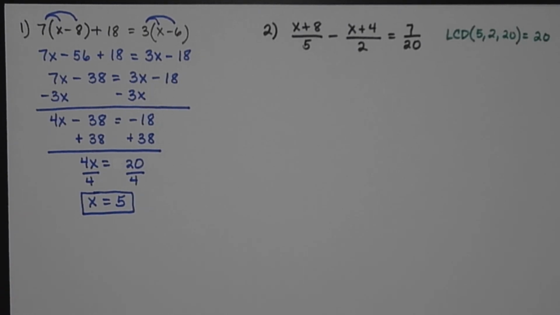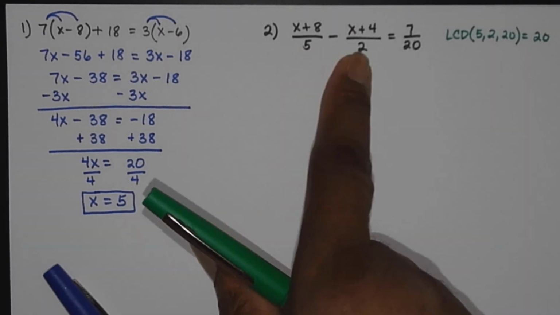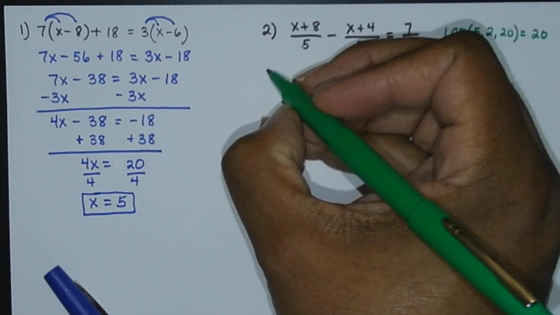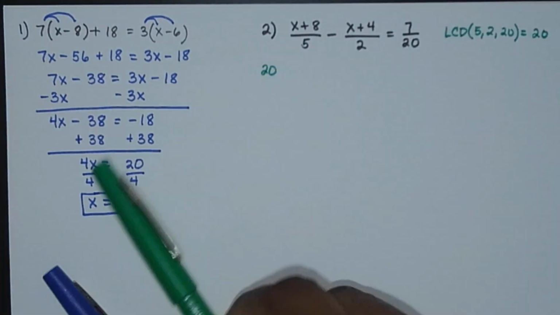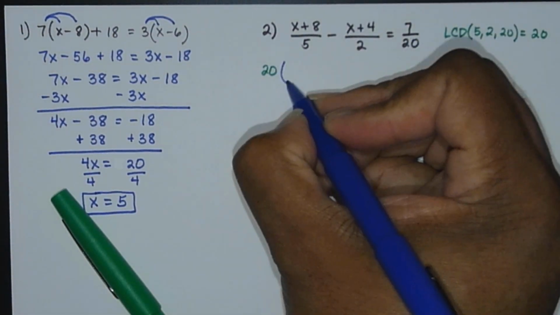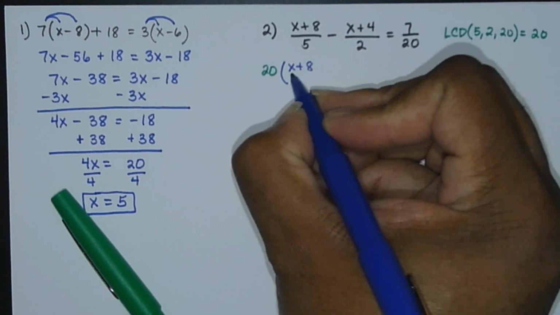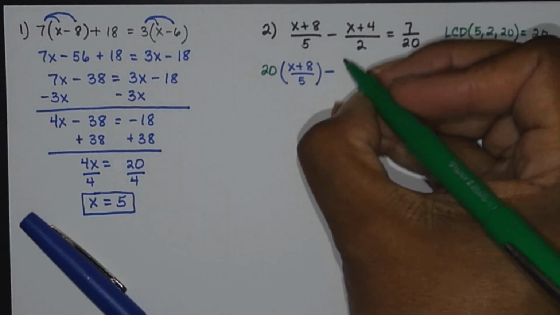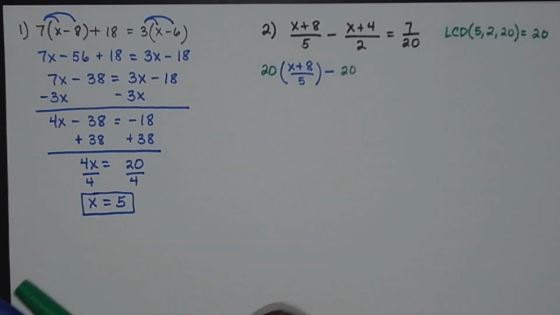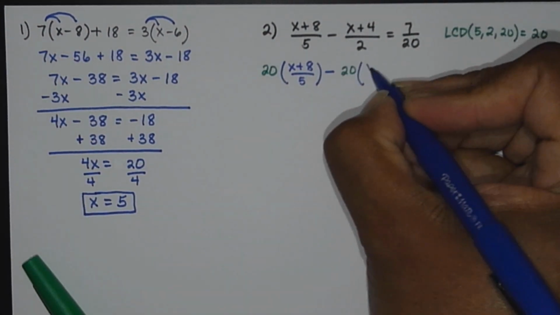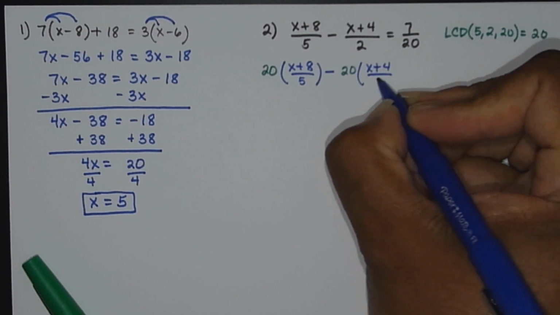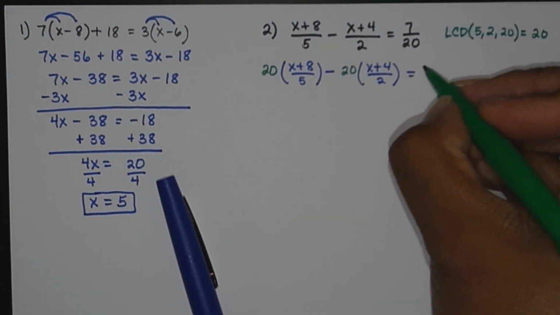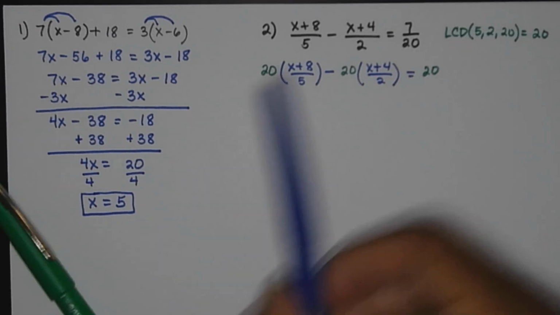So next I'm going to multiply each and every term in this equation by 20. So that means 20 will be multiplied by x plus 8 over 5, then minus 20 will be multiplied by x plus 4 over 2, and 20 will be multiplied by 7 over 20.